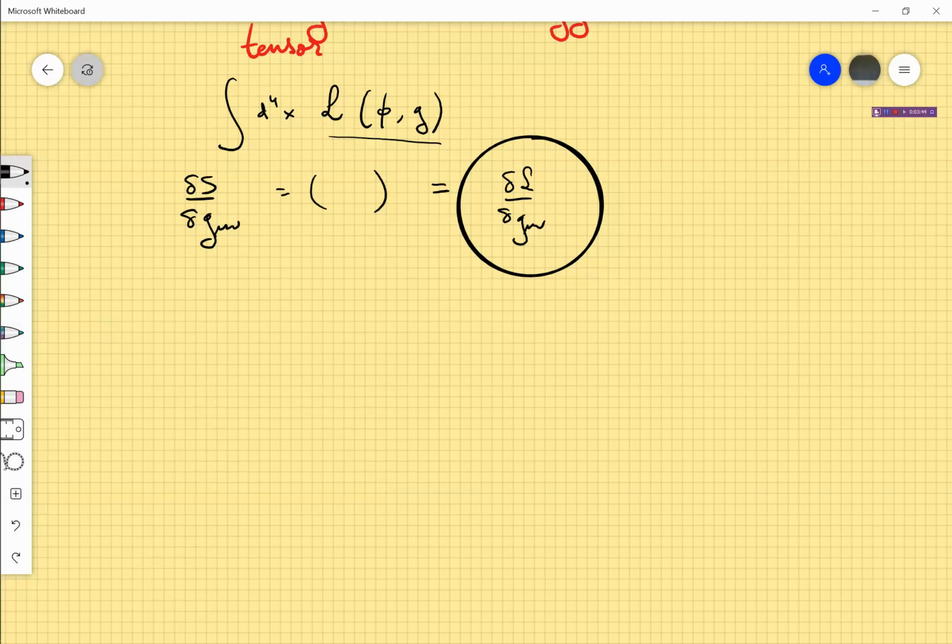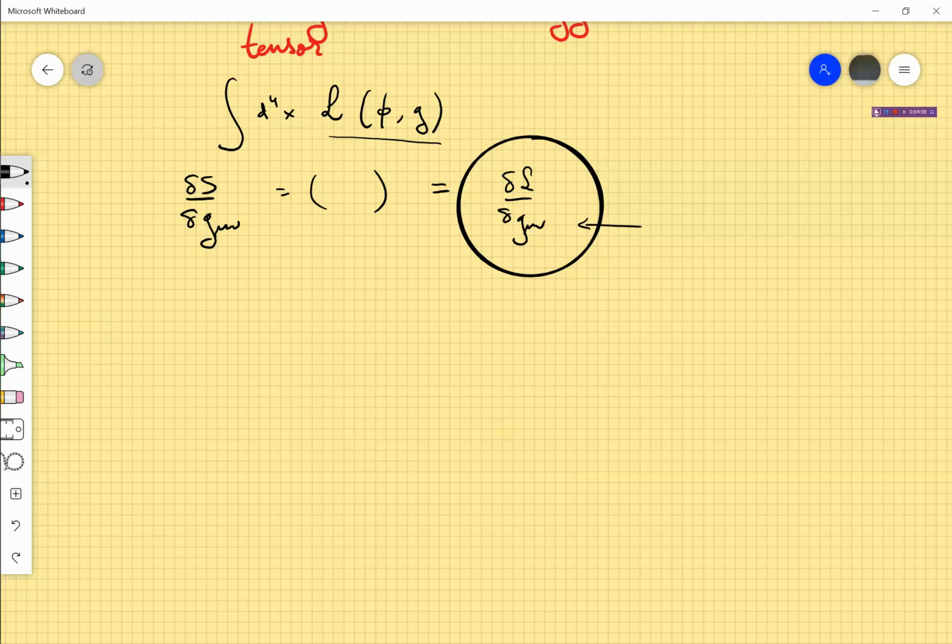We need a full tensor, and this is why the whole tensor has to act as a source. We are going to see that this term corresponds to the energy momentum tensor in the case of the scalar field. We will later generalize this result to the electromagnetic field.